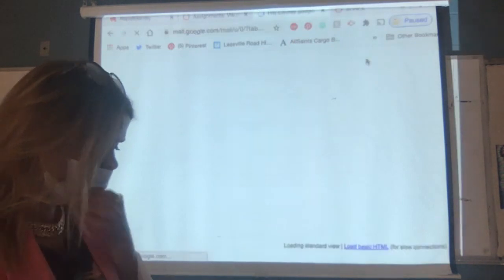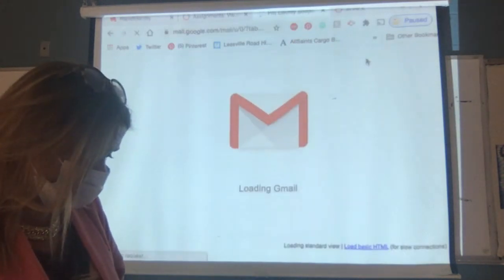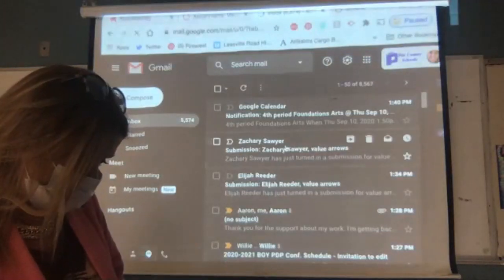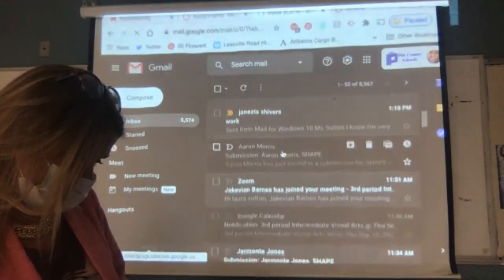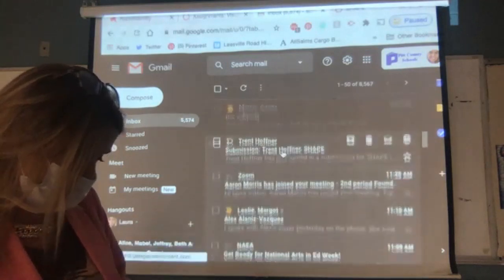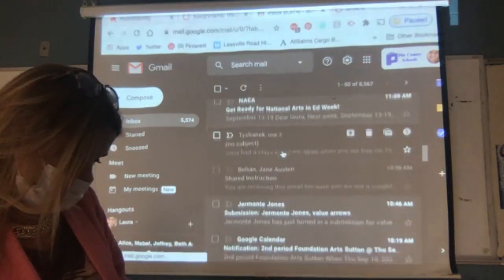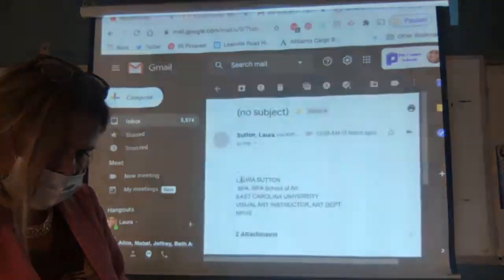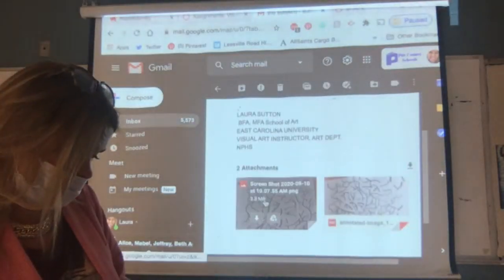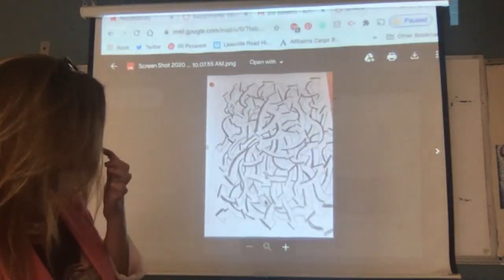Yesterday you were doing your directional graffiti type arrows, and I wanted to show you an example from one of our students. Yes, look at this. Look how great this is.